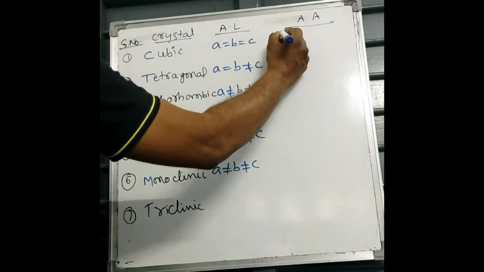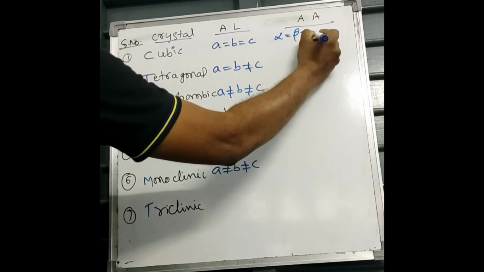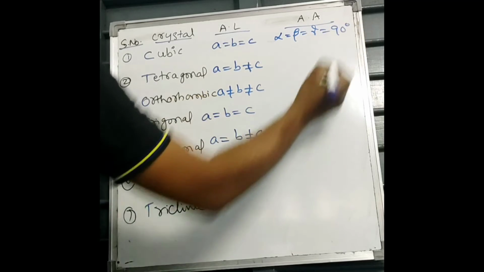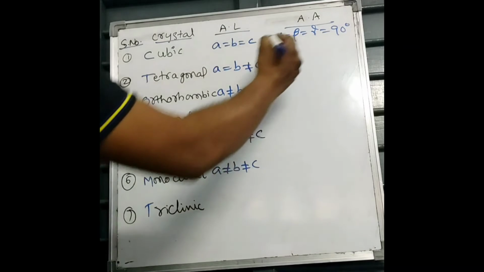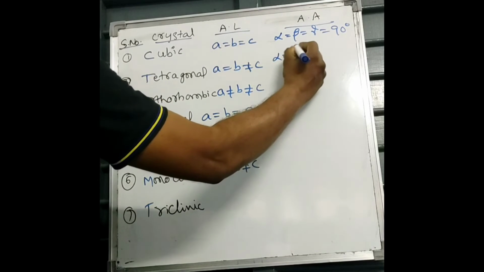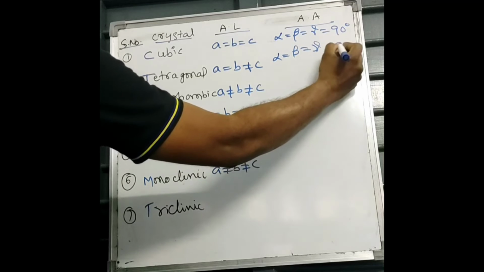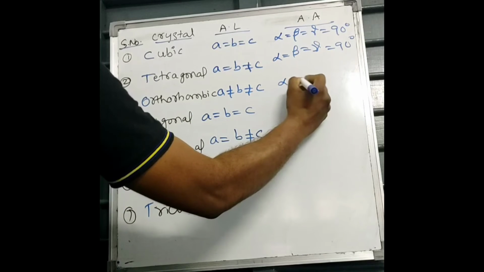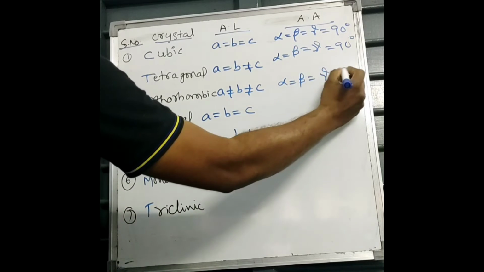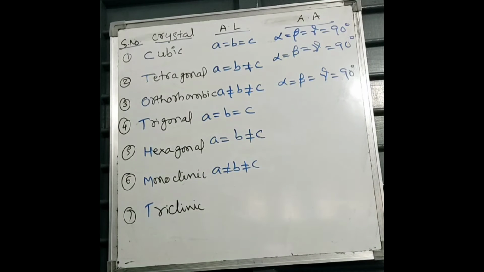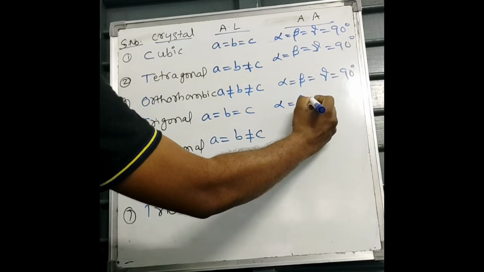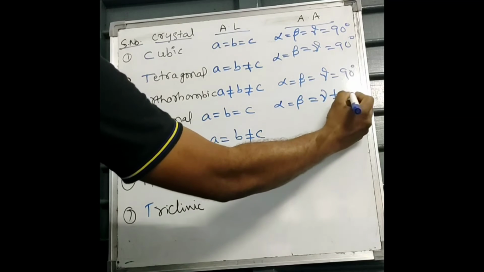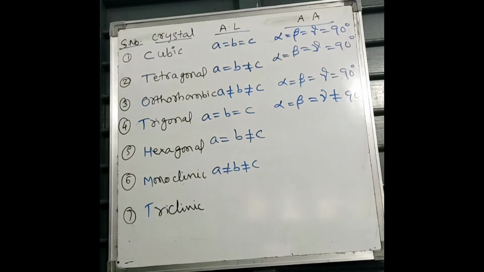Now axial angles. For axial angles, alpha equals beta equals gamma equals 90 degrees, and the same for these two also. For the next three, alpha equals beta equals gamma, that is not equal to 90 degrees.